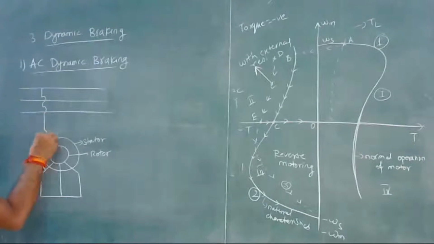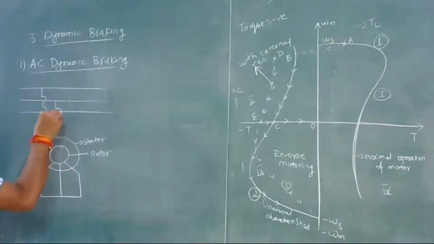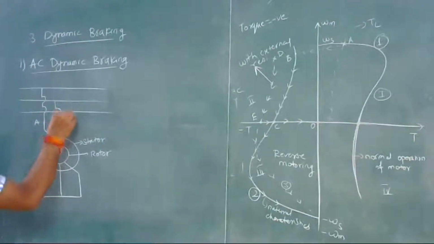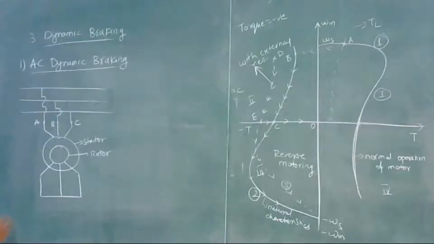This is phase A, this is B, and this is C. So this is motoring on.